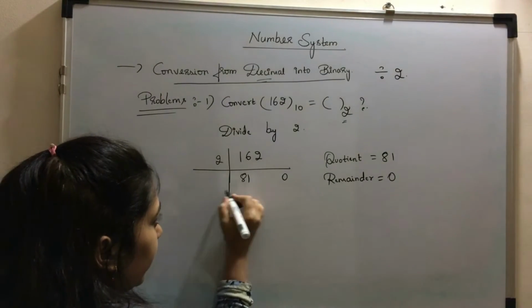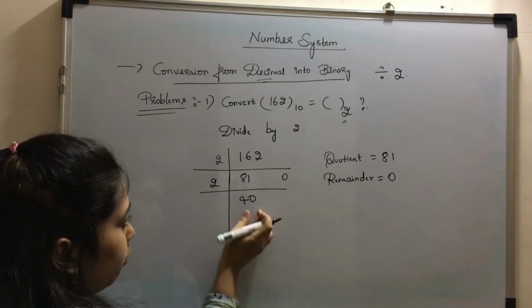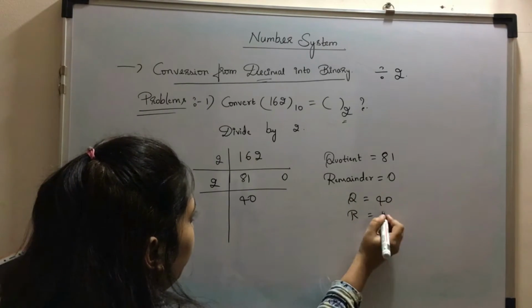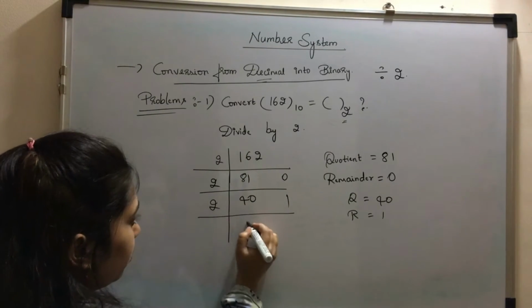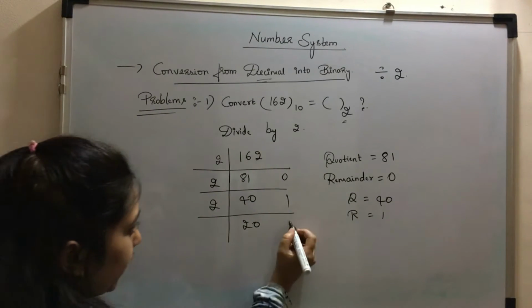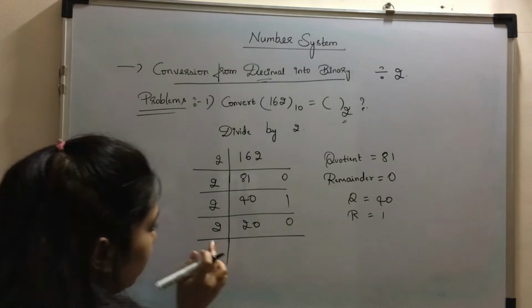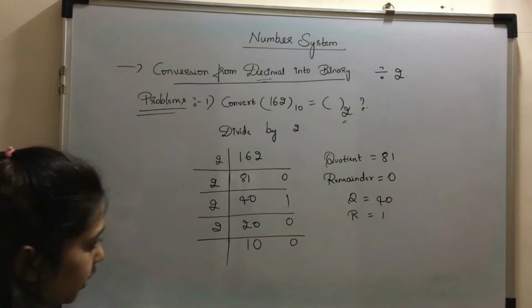Now again divide this 81 by 2. That is 40. 40 is the quotient and remainder is 1. Now again divide this 40 by 2. That is 20 and the remainder is 0. Divide 20 by 2. The quotient is 10 and remainder is 0.